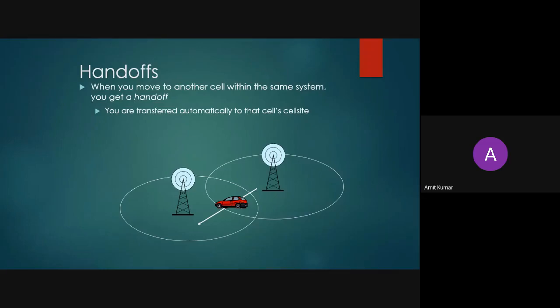But in a soft handoff, if you are in station D's coverage area and the signal strength is weaker than the signal strength of area A, then you continue to use the same station. In this way the handoff will happen.